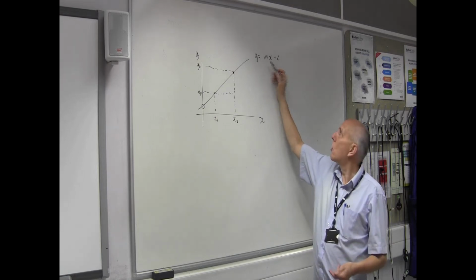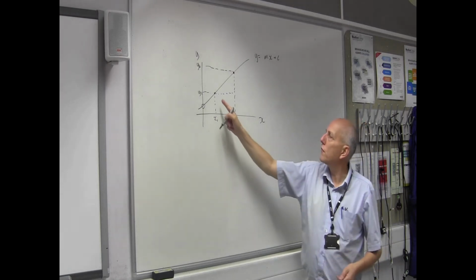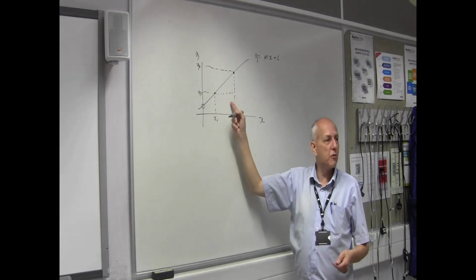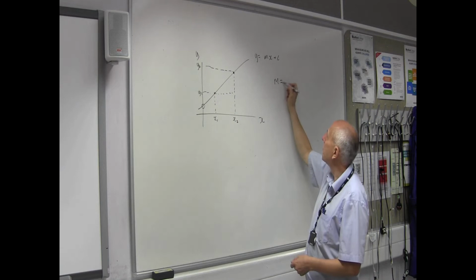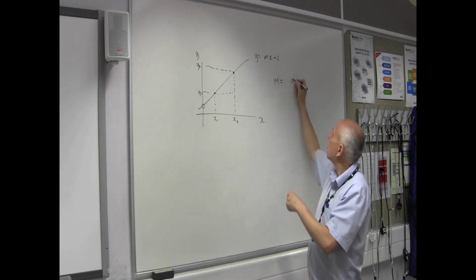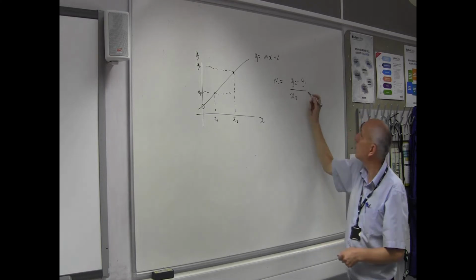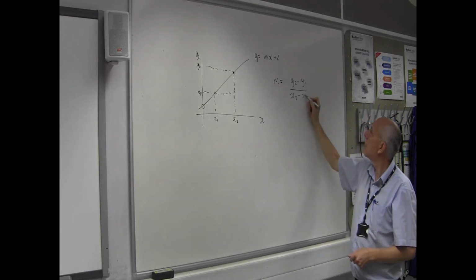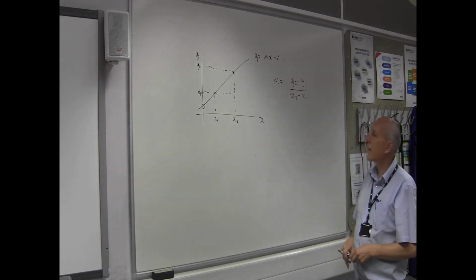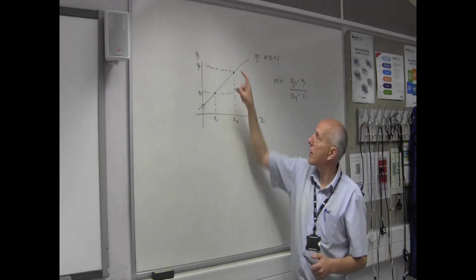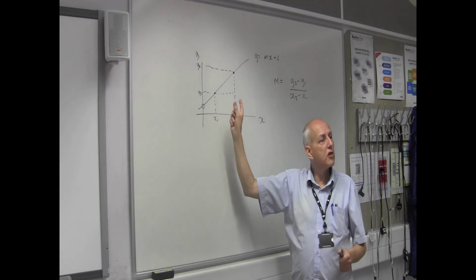So if I'm looking for the change from here to here, divided by the change from here to here, the formula for m would be y2 minus y1 divided by x2 minus x1. So it's that change there divided by that change there, that gives you the gradient.